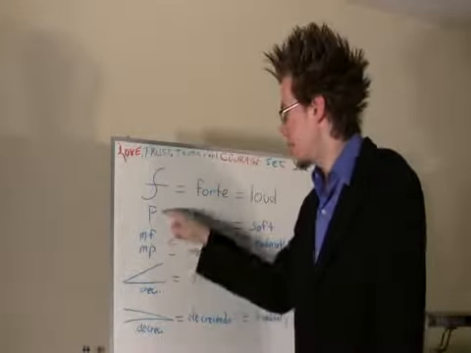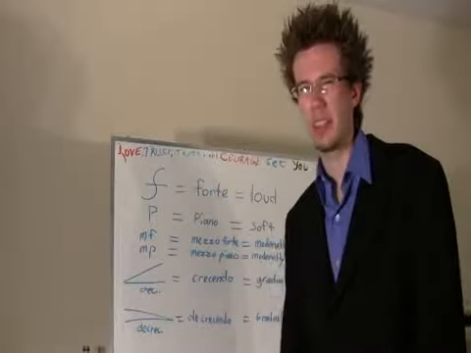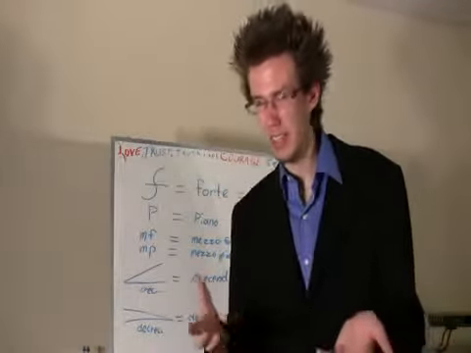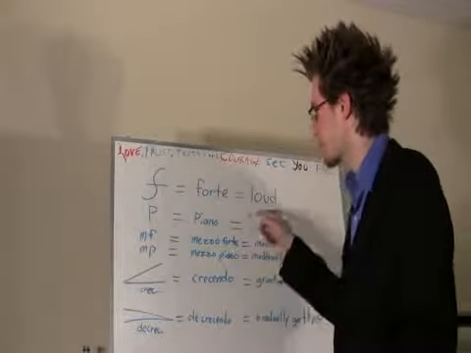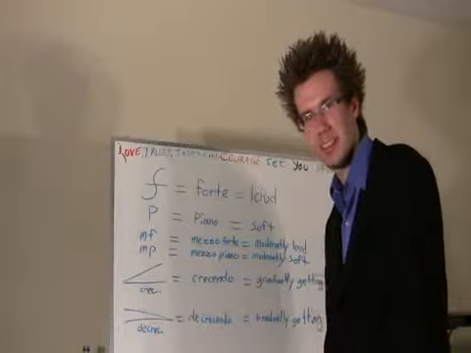Okay, now the next one is P. P as in piano. Now you're probably thinking, what? Piano is what? Okay, piano is soft. Now does that make any sense to you?